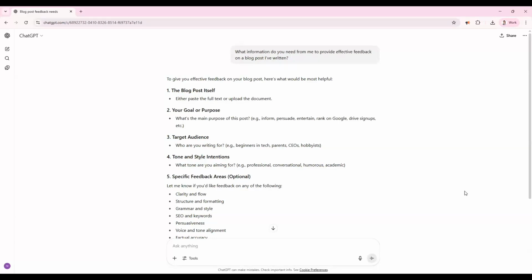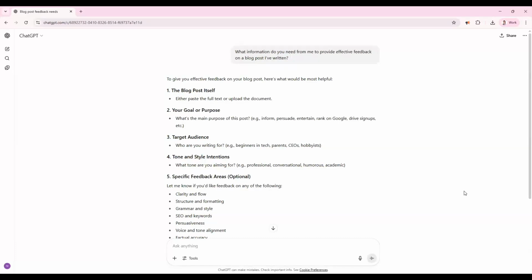Then when we look at our target audience, who is it? Here it could be content creators, marketers, clients, or people that don't know anything at all about graphic design. But it's very important that you establish who your target audience is, because that could change the complete style and tone of your blog post.